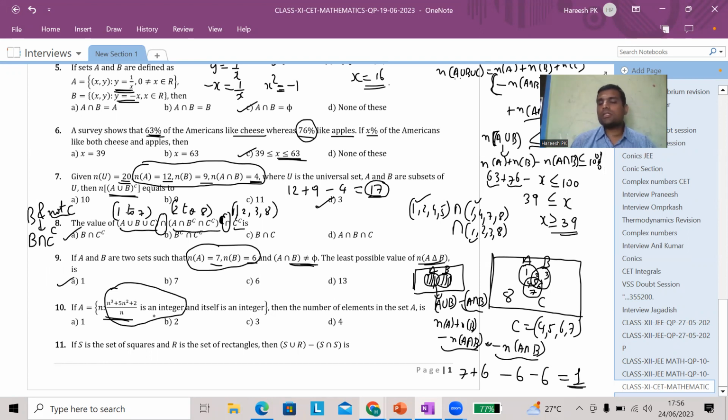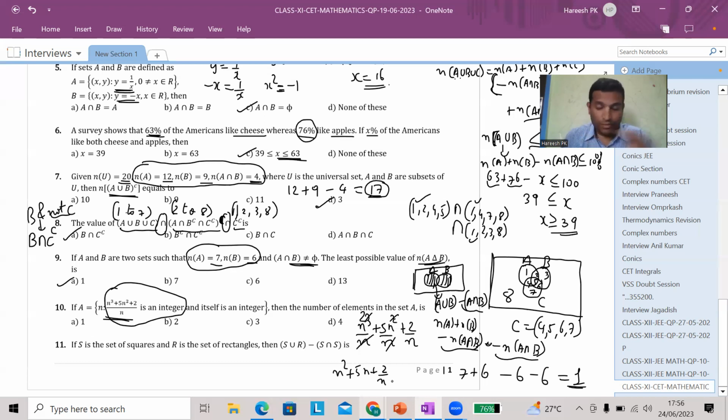Now, if this term has to be an integer, let us separate the denominator individually to each term. The expression is n cube plus 5n square plus 2, each of them divided by n. Here n gets cancelled, here also n gets cancelled. So we'll be left with n square plus 5n plus 2 by n.